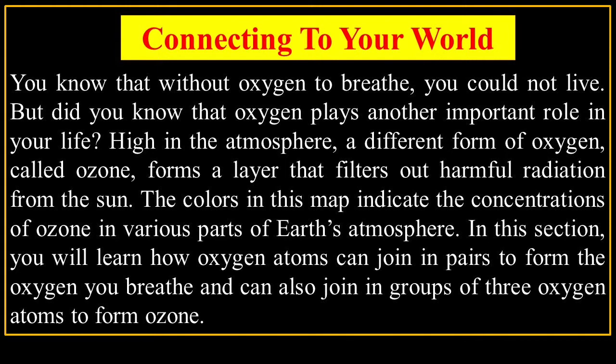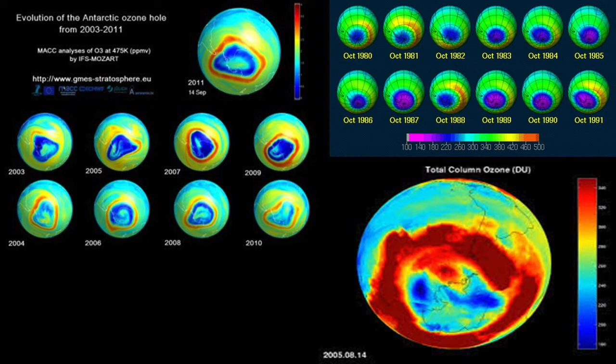In this section, you will learn how oxygen atoms can join in pairs to form the oxygen you breathe, and can also join in groups of 3 oxygen atoms to form ozone.